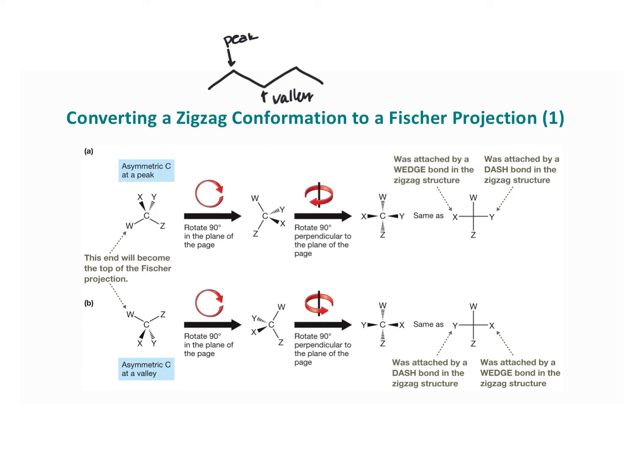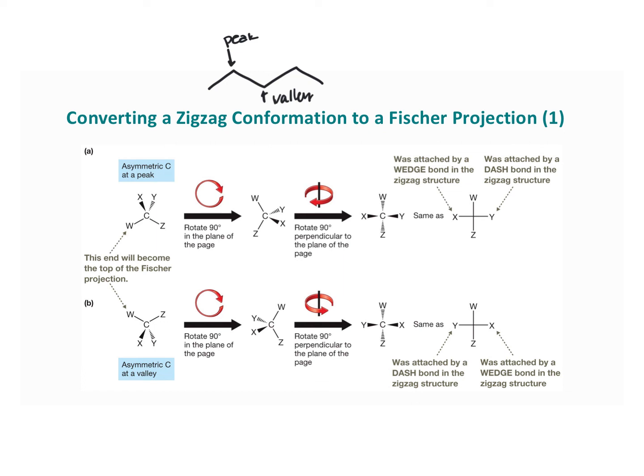Now, I could have just as easily said, hey, look, if it's a peak and a dash, right, it's going to go here on the right side. And if it's in a valley and a dash, right, then it's going to go on the left side. Choose one to know, right? Choose one, because the other thing is just going to go on the other side, okay?